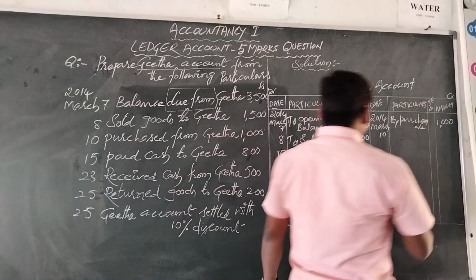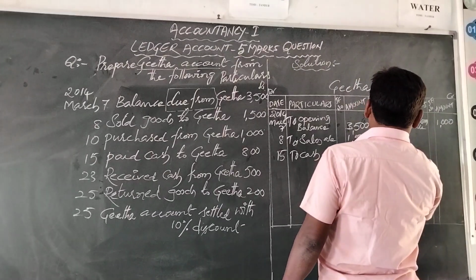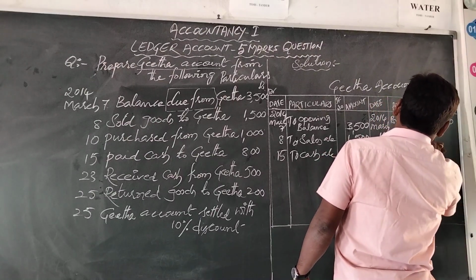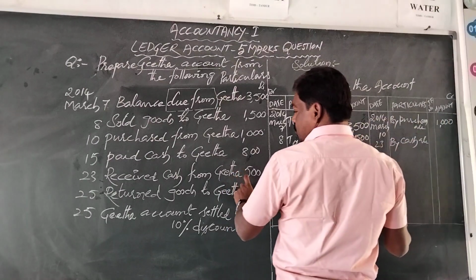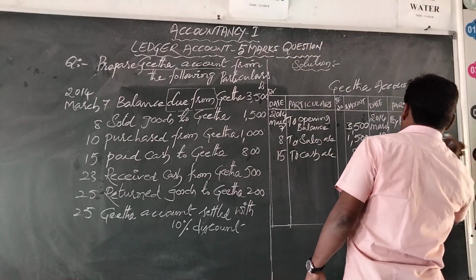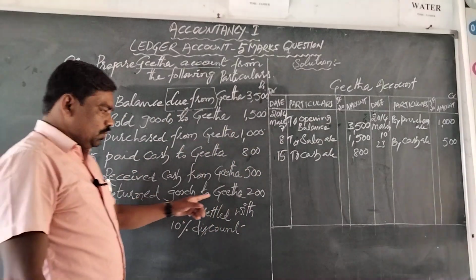So come to date 23rd, by cash account rupees 500. Okay, sir. Next, come to the next one. Returned goods to Geeta.